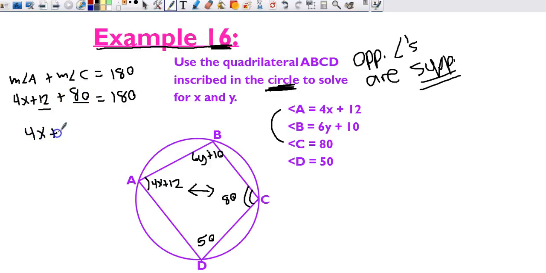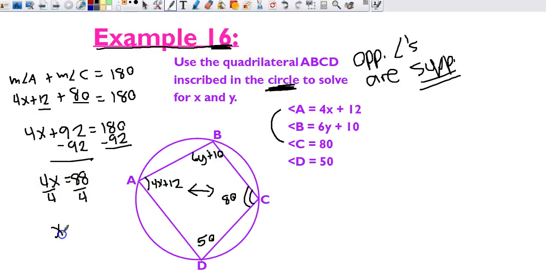So 4x plus 92 is equal to 180. Subtracting out the 92 gets you 88. And then dividing by 4 is going to get you 22.